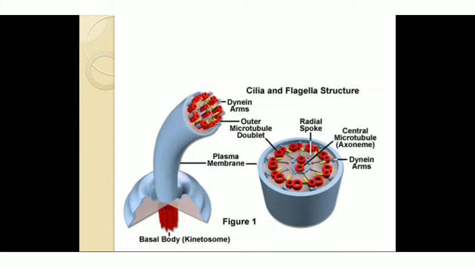The proteins present here are dynein and tubulin, which are considered the primitive forms of myosin and actin found in the muscles. But these are not the myosin and actin.